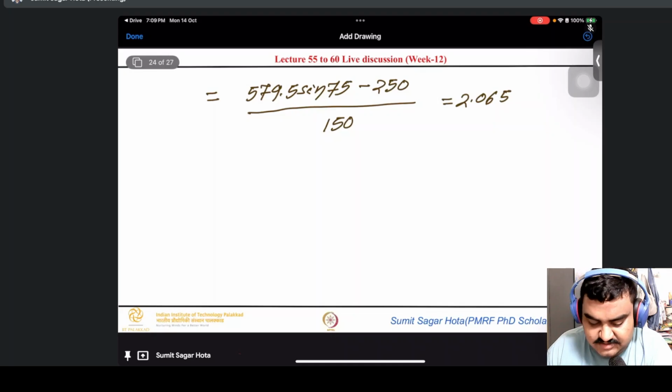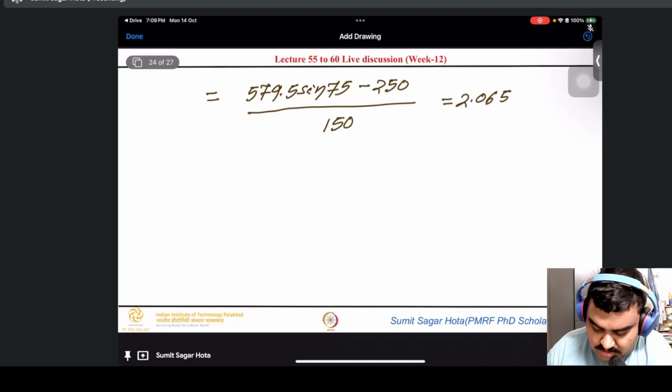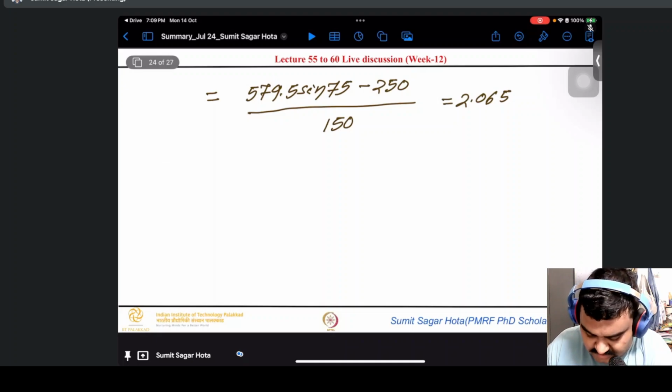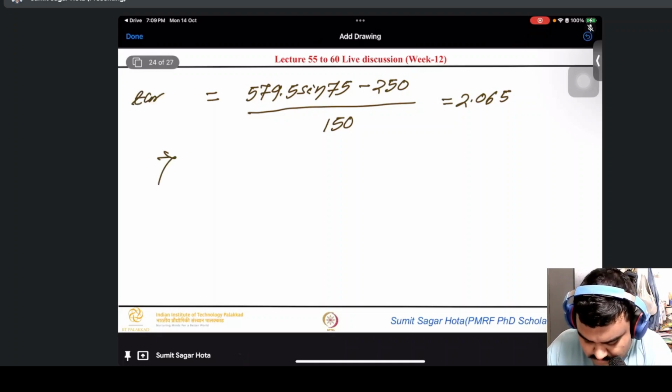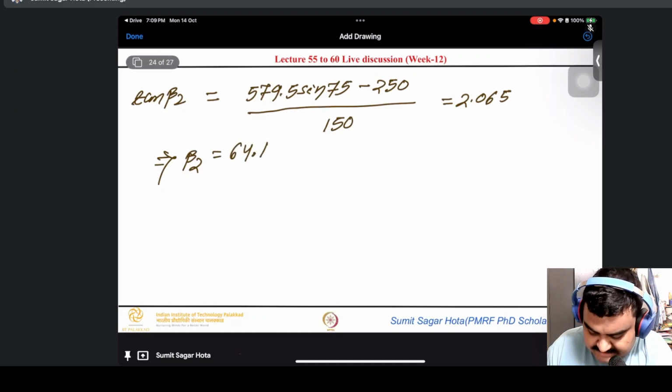So we are actually finding out the tan beta 2, and from there we can calculate the beta 2 as 64.16 degree.